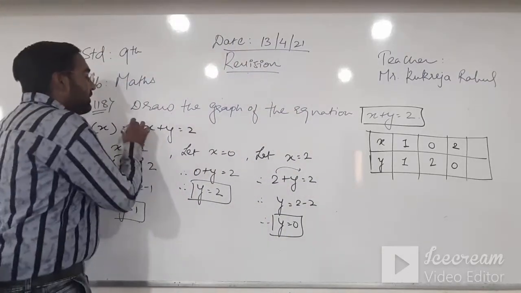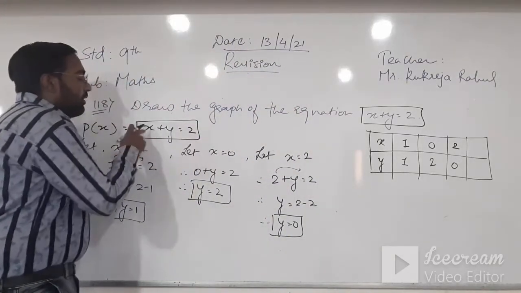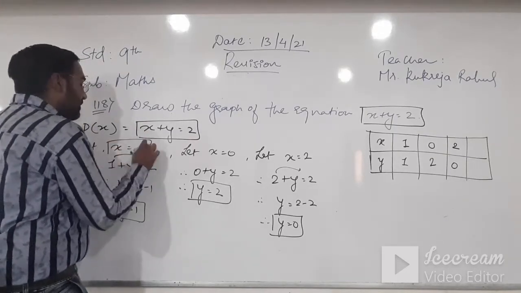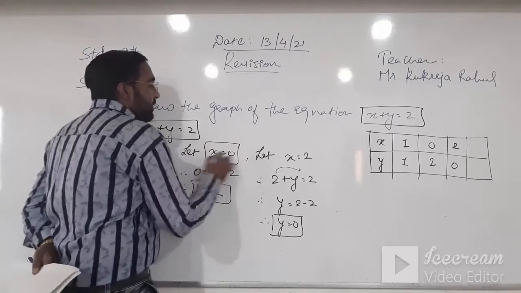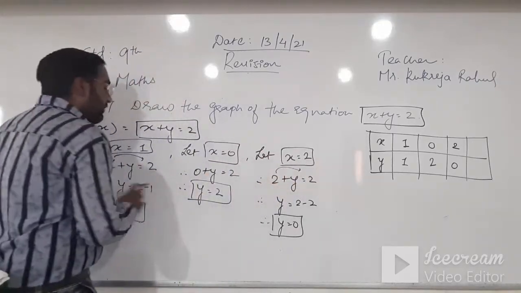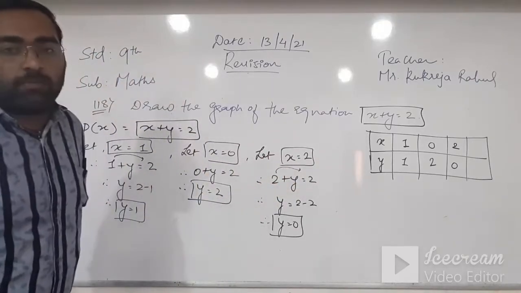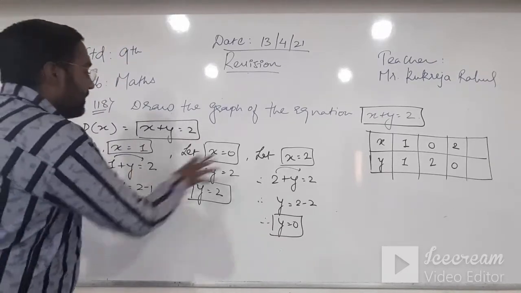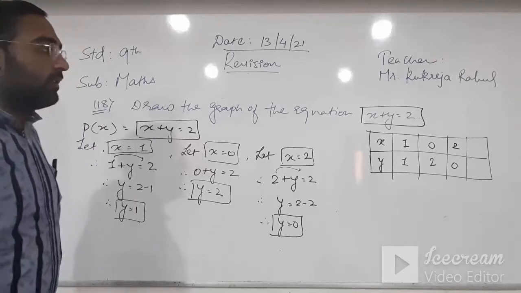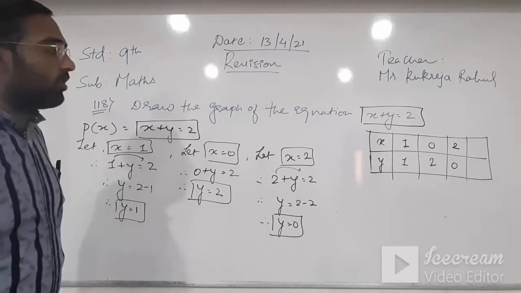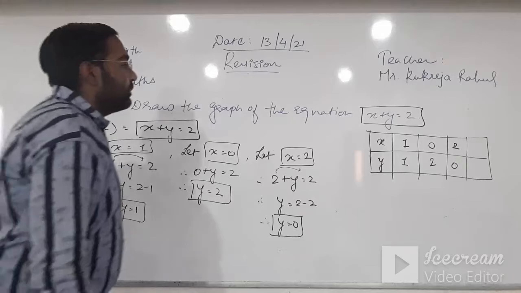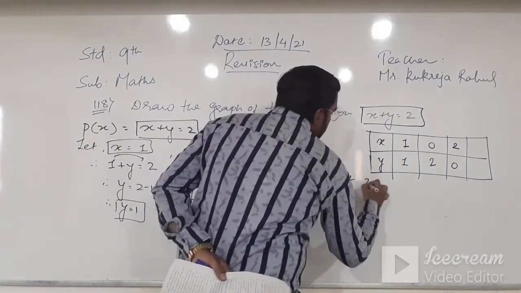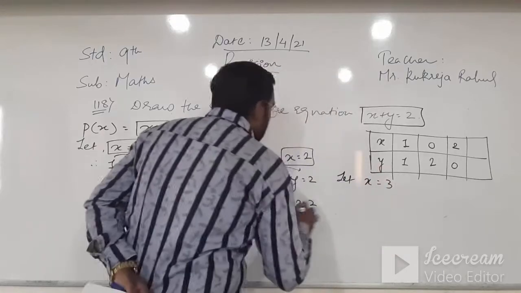We are just following this equation. We are assuming the value of x in each case, and then we get the value of y in each case. All of you must take all these steps in this question. Now let the value of x be 3.